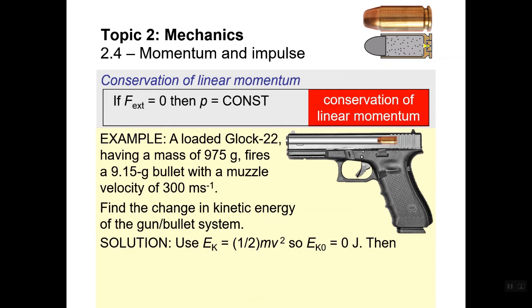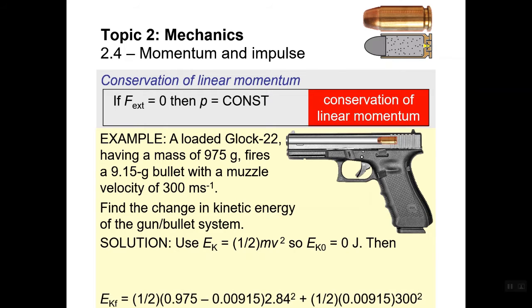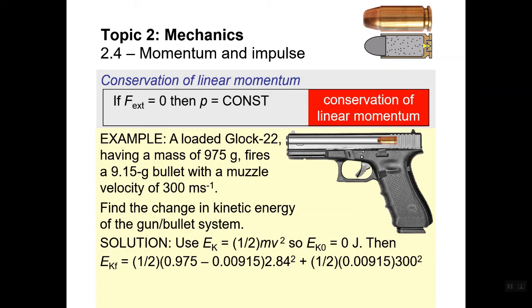Definitely we're going to use the kinetic energy formula. Initial kinetic energy equals 0 as the Glock and bullet are stationary. We find the final kinetic energy of the Glock first, which is 1/2 times the mass of the Glock. We have to be careful.